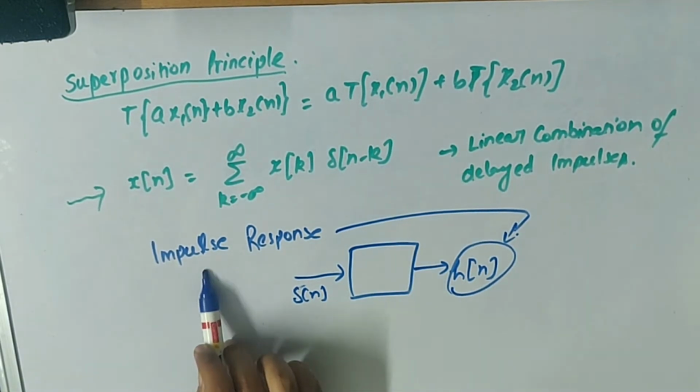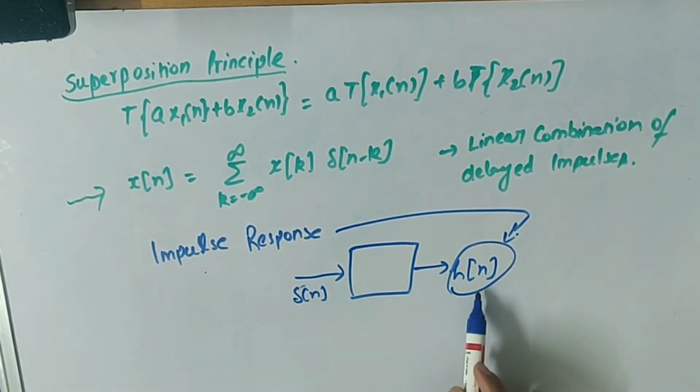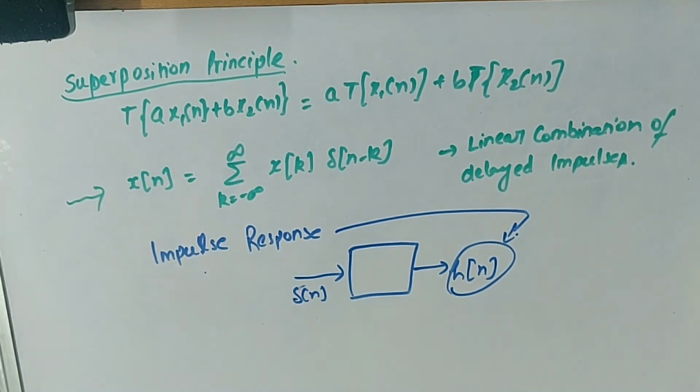When the input is an impulse function, the output is the impulse response. So if we can break our input into a linear combination of delayed impulses, a linear system can be completely characterized by its impulse response.